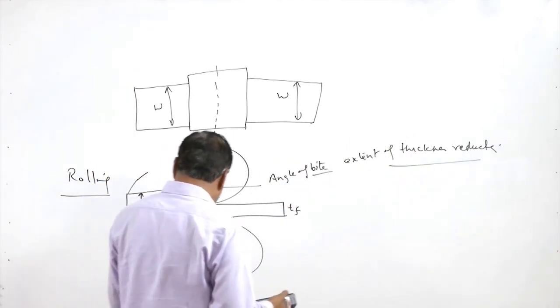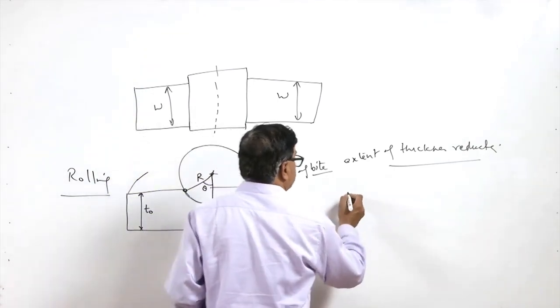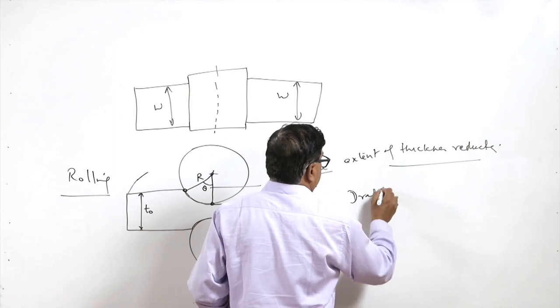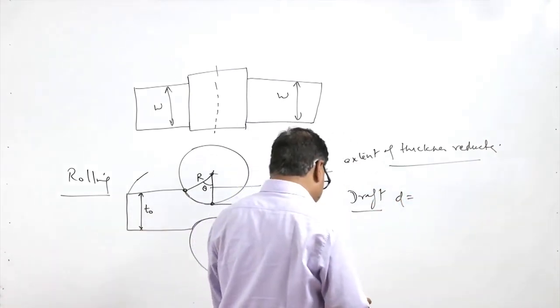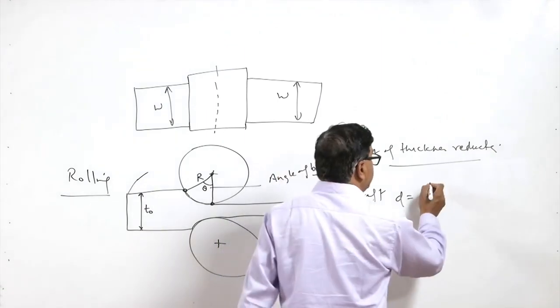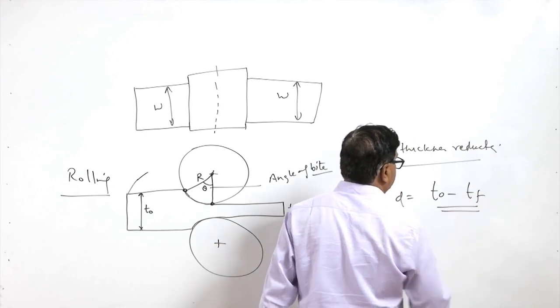So, this is what is defined as a draft. Draft D is basically the difference between the initial plate thickness and the final plate thickness.